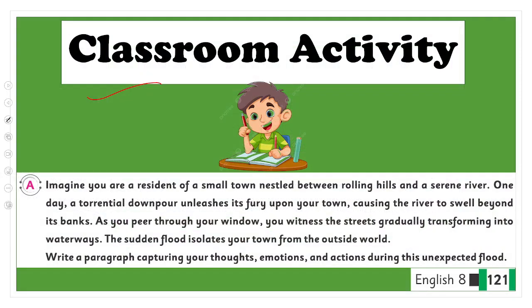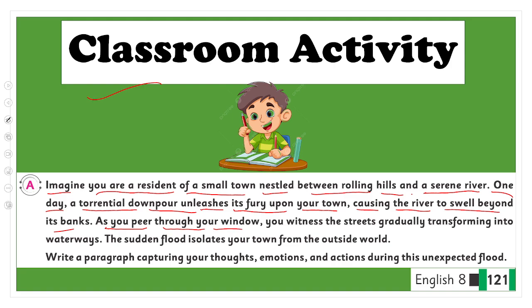This is your classroom activity. Imagine you are a resident of a small town nestled between rolling hills and a serene river. One day, a torrential downpour unleashes its fury upon your town, causing the river to swell beyond its banks. As you peer through your window, you witness the streets gradually transforming into waterways.